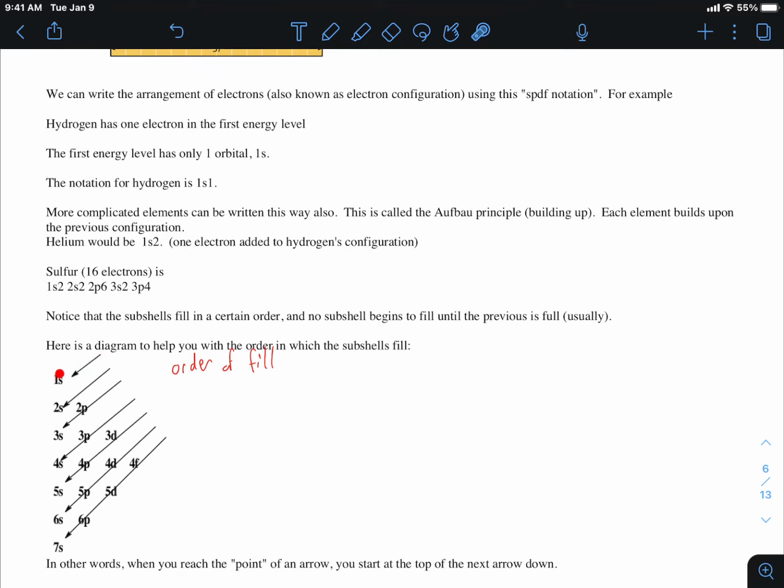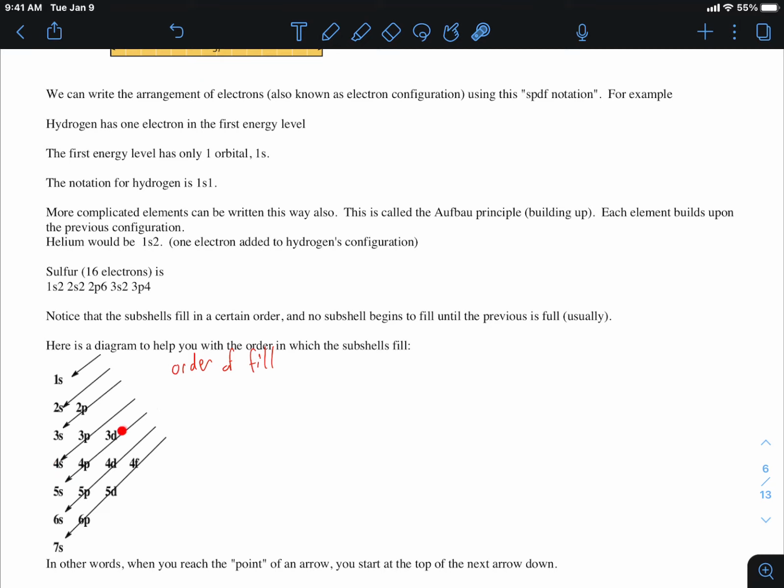Okay, and then once we get to the 1s, we start the new arrow. And this arrow comes down, and this touches the 2s. After the 2s, we start a new arrow, come down, and now we hit the 2p. And after the 2p comes the 3s. The new arrow comes down and hits 3p. And then it hits 4s.